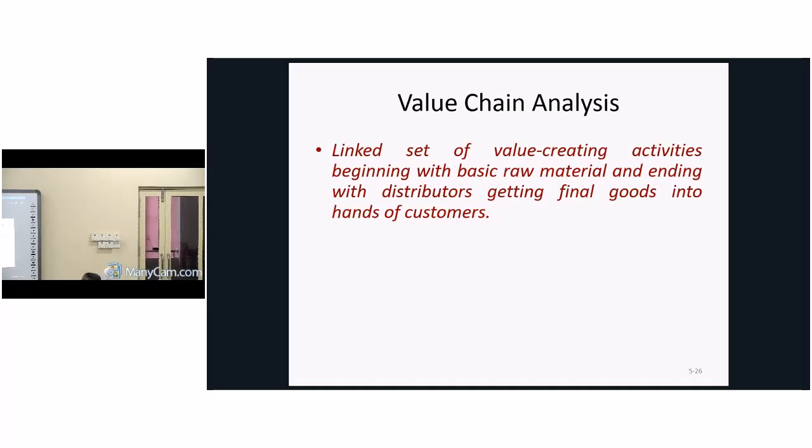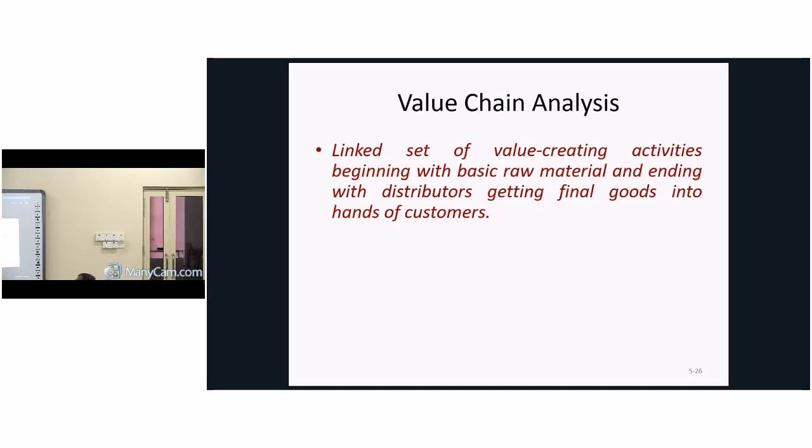The basic value chain starts with raw material and ends with the final product to the customers. Some organizations do the whole chain of activities themselves: supply their own raw material, produce the product, distribute their product to the customers, and even provide the after sales services together. Some organizations do the whole value chain themselves, right?